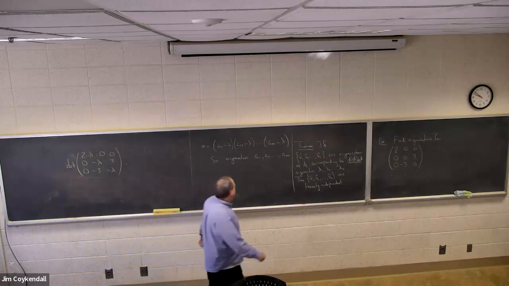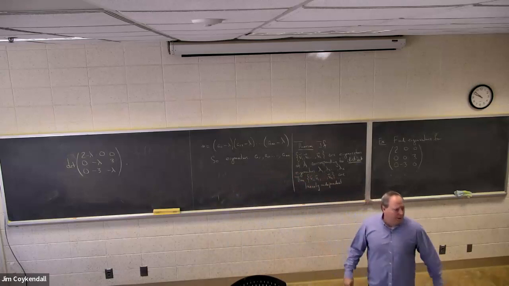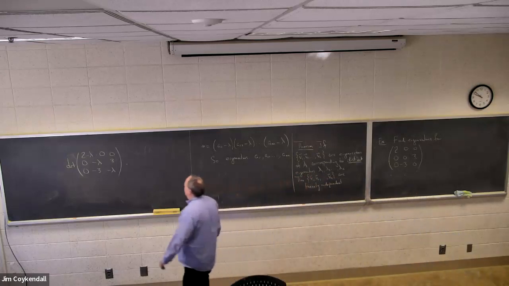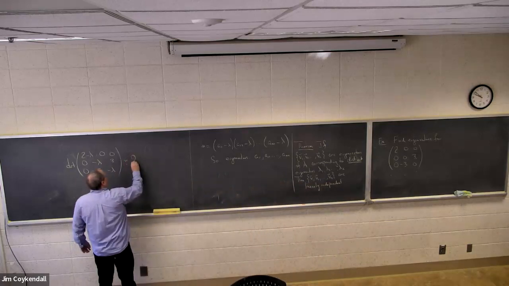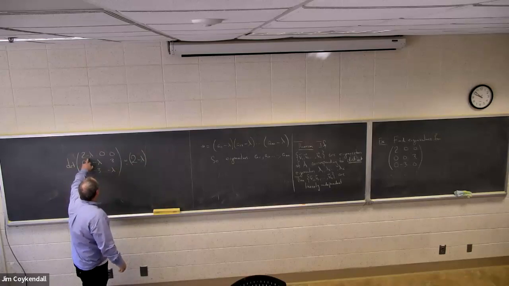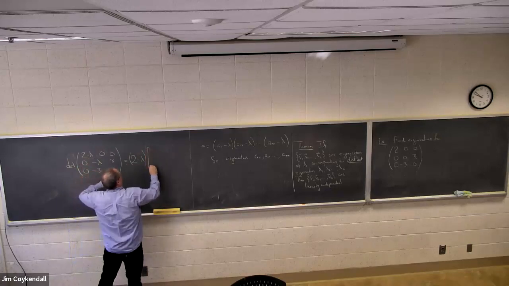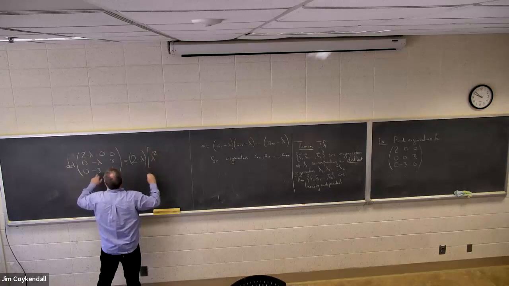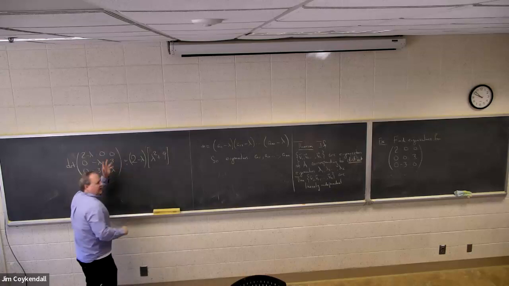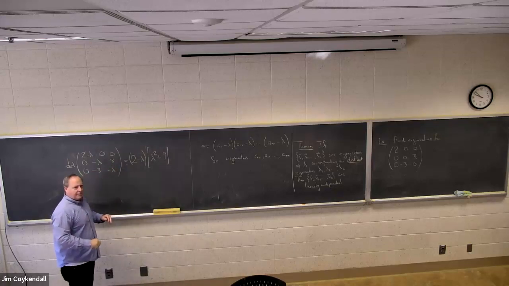Is that right? So this is 2 minus lambda times this little determinant here, which is going to be lambda squared plus 9. And then everything else is 0, right? Everybody agree?